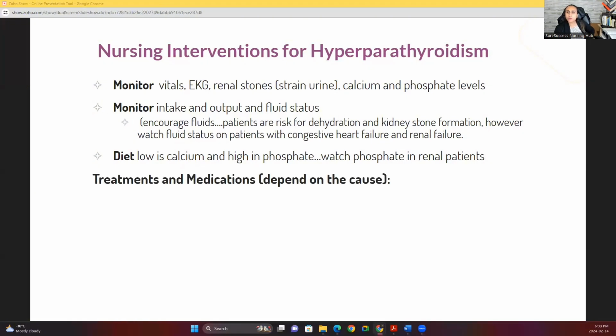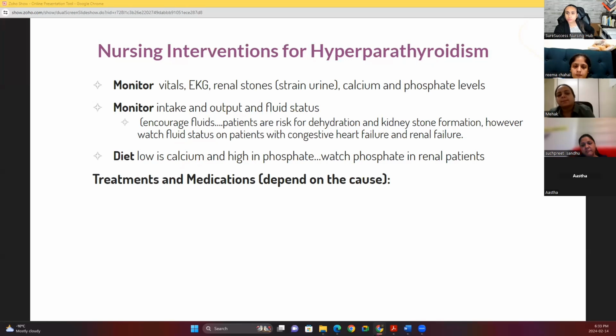Treatment. Do you remember what we can do? What medication? And remember, it is a hormone. Everything is available artificially. Calcitonin. You will give calcitonin. All right.